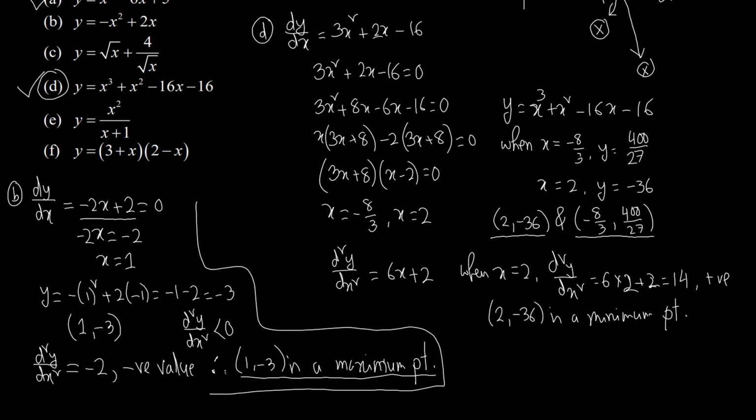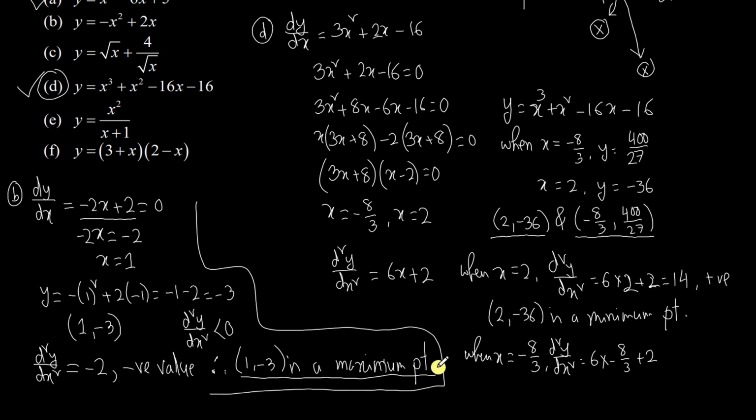After double differentiation, putting the value of x, if you get a positive value, then that stands for a minimum point. Another part: when x equals to negative 8 by 3, double differentiation gives us 6 into minus 8 by 3 plus 2.